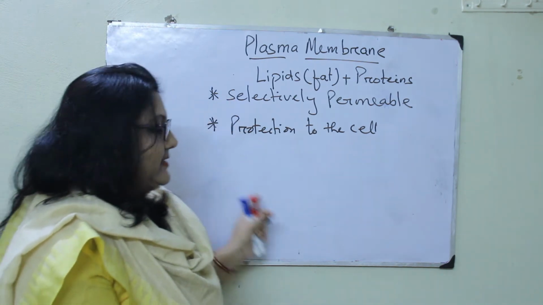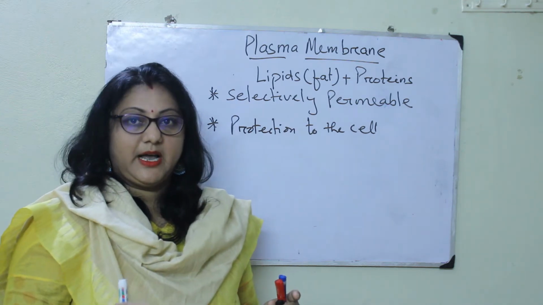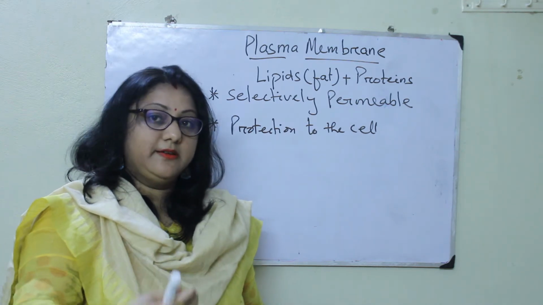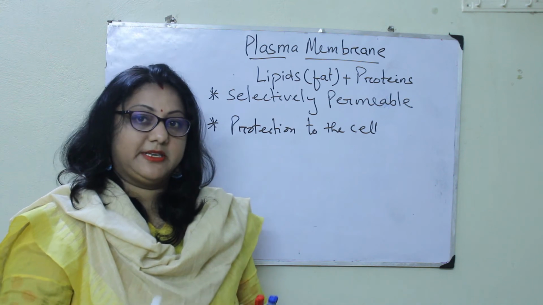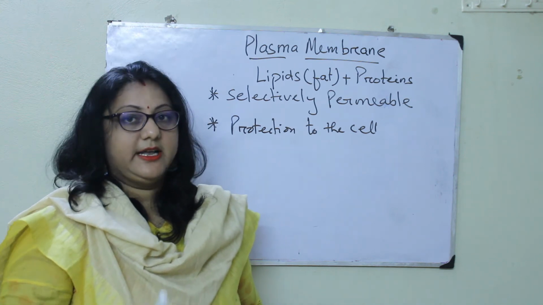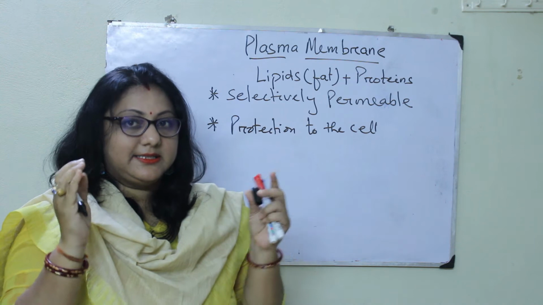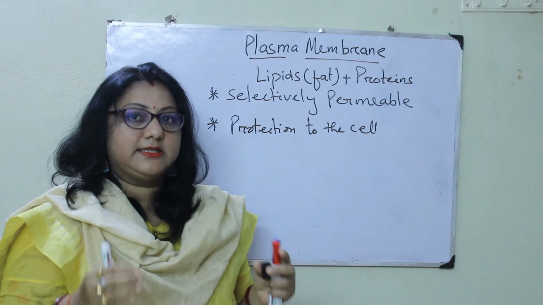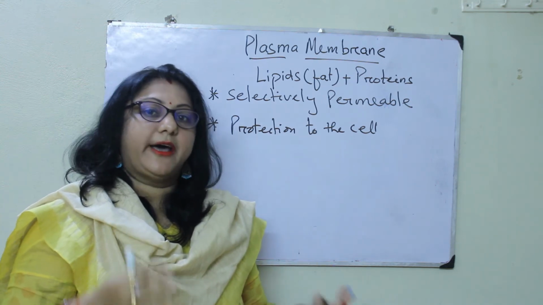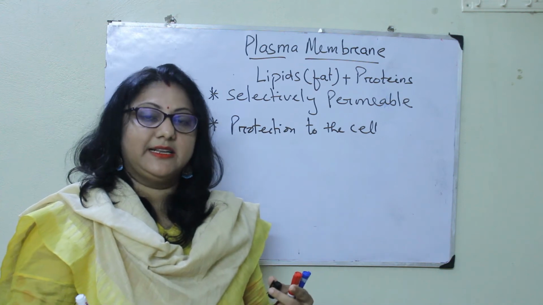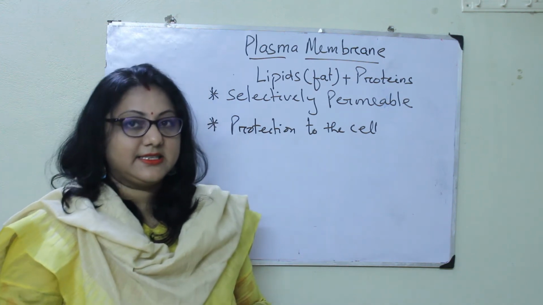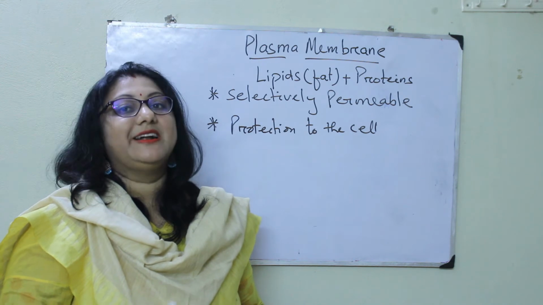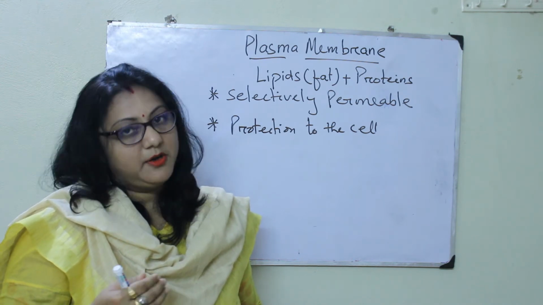And the selectively permeable property has some related properties also. When the molecules are selected, in that sense also it provides some kind of protection to the cell, whether the cell needs this type of molecules or does not need this type of molecules.